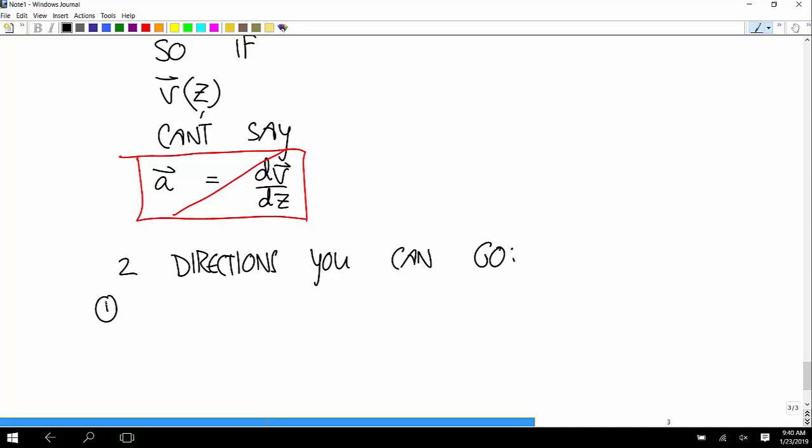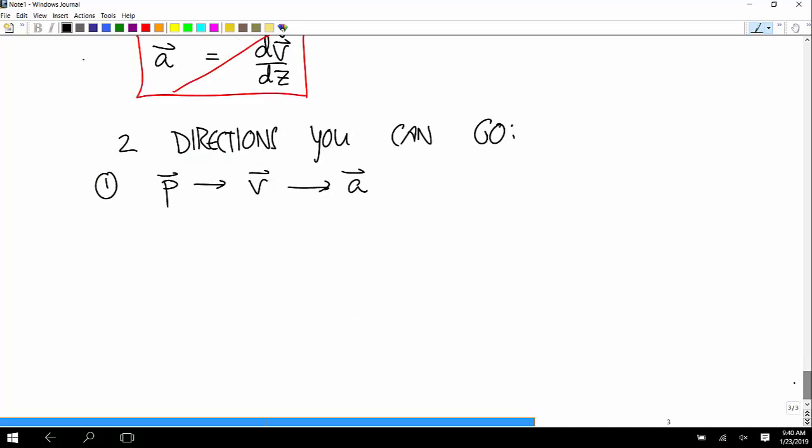The first one is going from position to velocity and/or velocity to acceleration. And if you're going in that direction, the function itself is all you need. So a function of time is all you need.